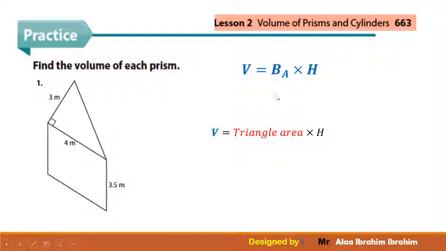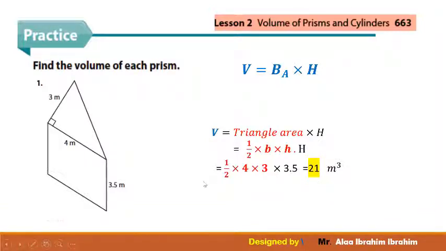So I replace the base area with half times base times height, times another height. This is the height of the prism and this is the height of the triangle. So I have two heights. This is the base and height of the triangle, and this is the height of the prism, 3.5. Okay? So I substitute everything now. B is 4, the triangle height is 3, and the height of the prism is 3.5. So this one, I think, is now clear and easy.